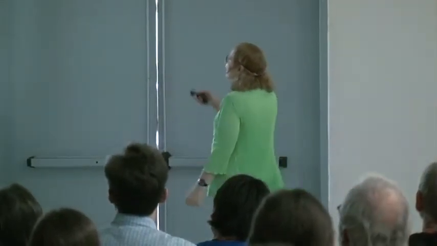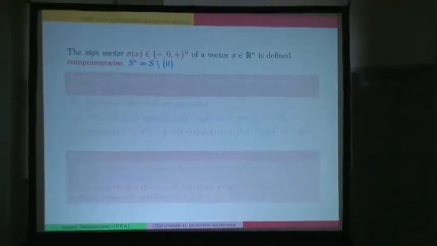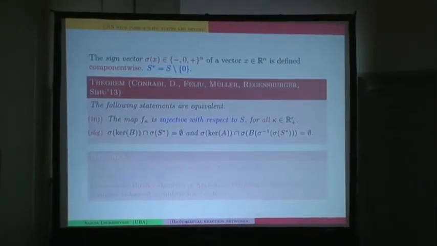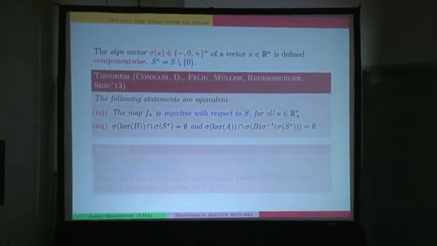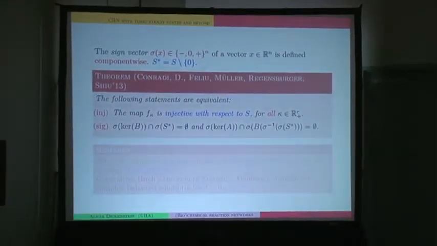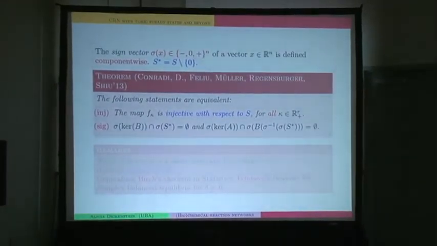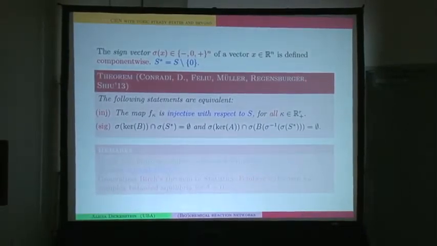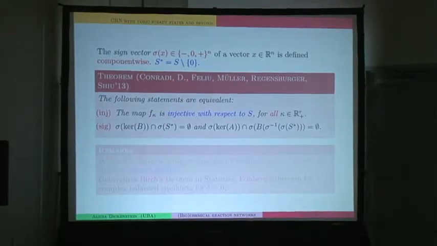Okay, so we take a point X, the sign vector is what you imagine, but coordinate-wise: plus, minus, or 0. And I'm going to write S star for S minus 0. And so the theorem says that the map Fk is injective with respect to S, but this is the question for all values of k, if and only if there is a sign condition which is satisfied.